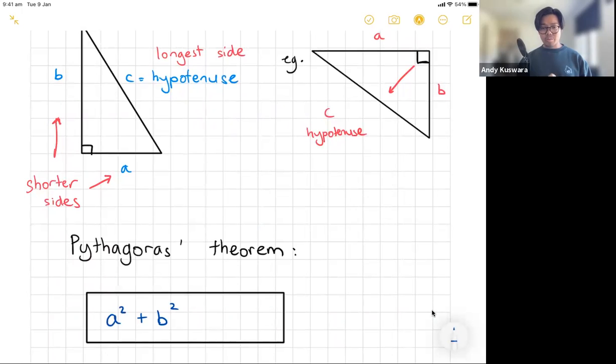If I square the two shorter sides and add them together, so if A is a shorter side, I square that, and B is the other shorter side, I square that, the total should equal the square of the longest side. The two shorter sides, when you square them and add them together, give you the square of the longest side, okay?